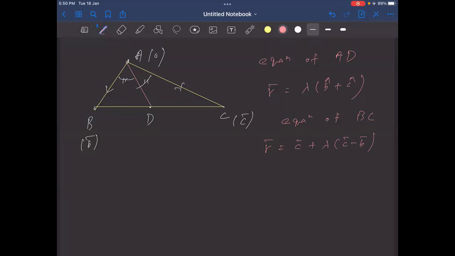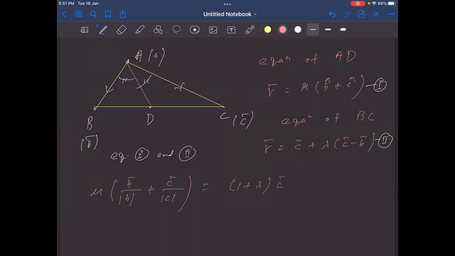Yes, sir. So if I solve equations number 1 and 2, we get the position vector of point D. So we are trying to solve equations 1 and 2. This is lambda times B cap, which is B by mod B. No, this is lambda, let's make it mu, since the same variable was used in both. Here there is lambda, let's take this as mu.